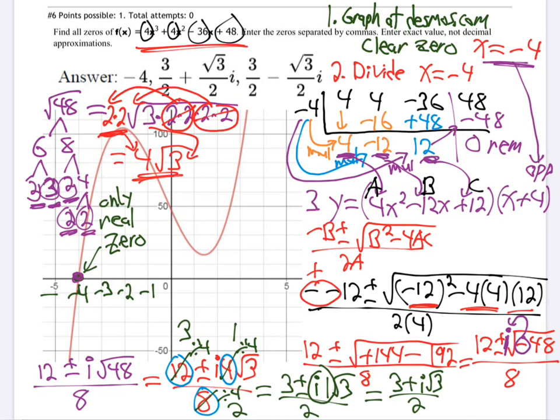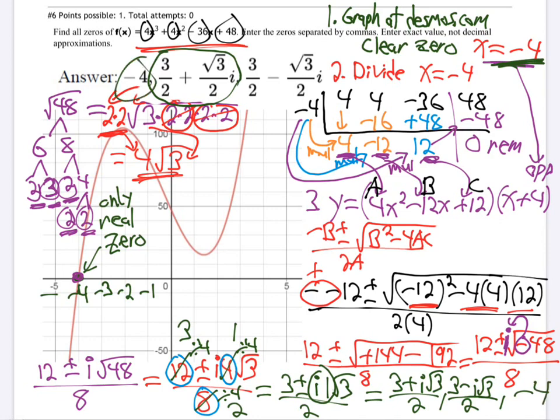which is the same as this answer up here. If you come up here, this right here, that's the same thing. You can separate that 2 underneath each one, or just keep it as one big fraction. 3 minus I root 3 all over 2. That's the plus and the minus option in the middle. And the answer from the beginning, negative 4.